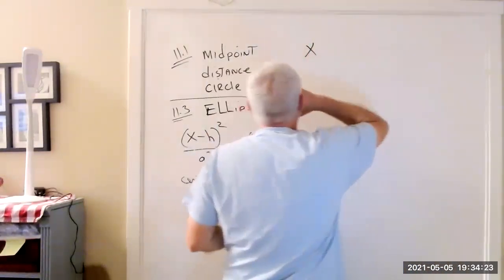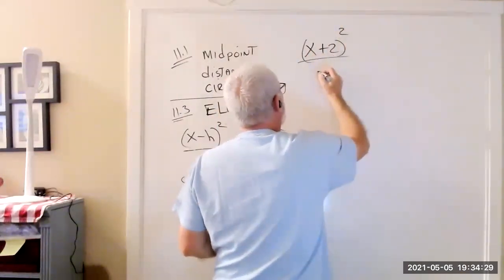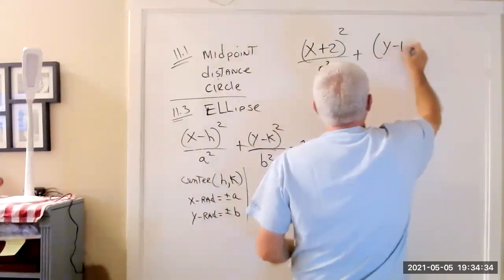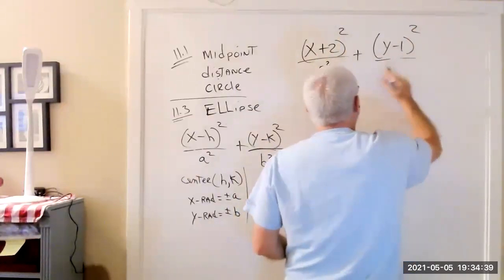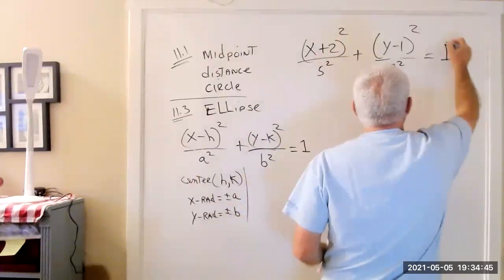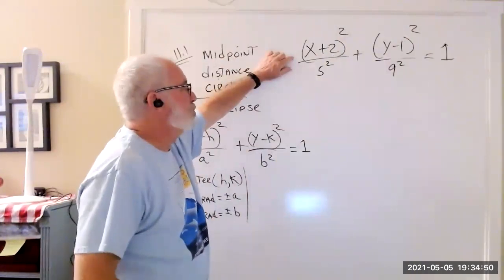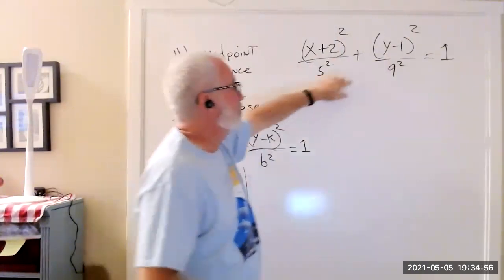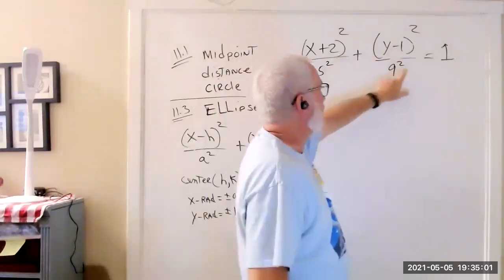Let's take (x plus 2) quantity squared over 5 squared plus (y minus 1) quantity squared over 9 squared equals 1. Take a second, write that down.